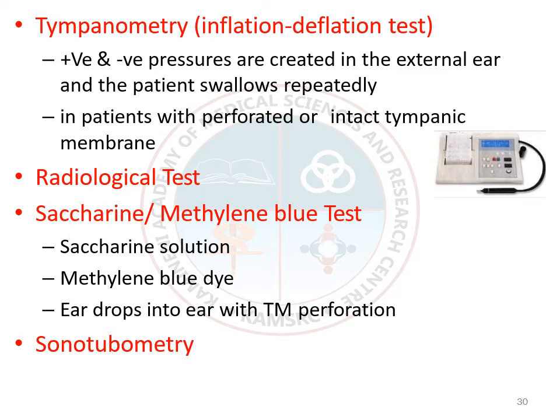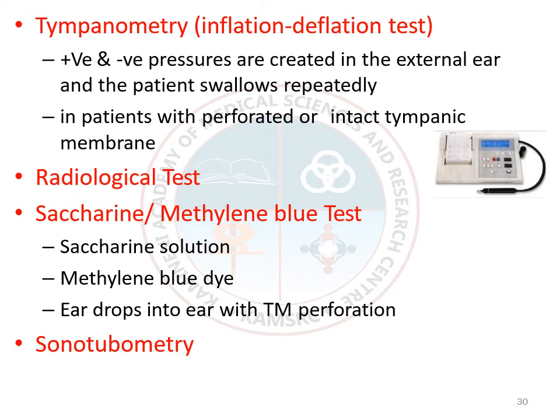Generally, radiological tests: here again, the radiopaque dye, which is instilled into the middle ear through a pre-existing perforation or with the syringe, and the dye will come if the tube is patent. The dye will pass to the nasopharynx, and you can take an X-ray later on for the confirmation. Okay, so it is a contrast X-ray.